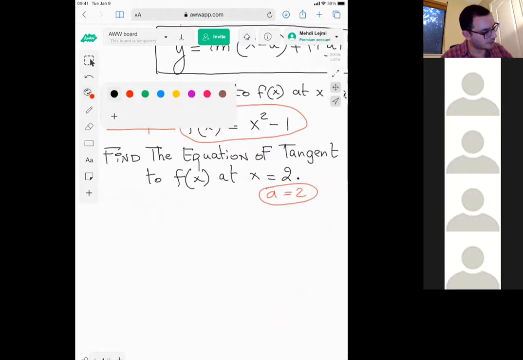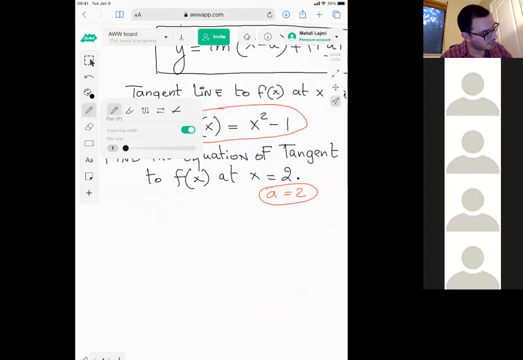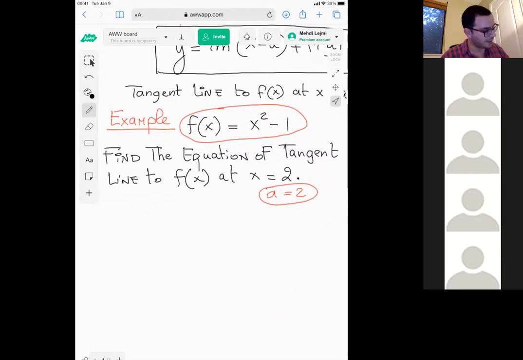Let's see here. So tangent line to f of x at x equal to 2. So let's say we have our graph. All right, so I'm going to graph x squared minus 1, right?